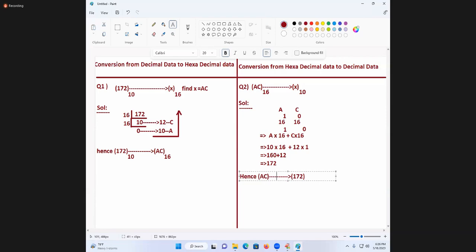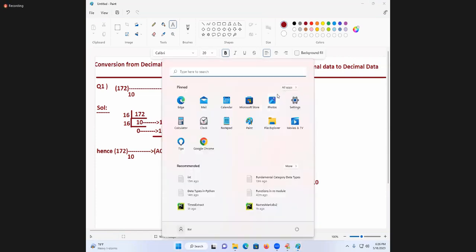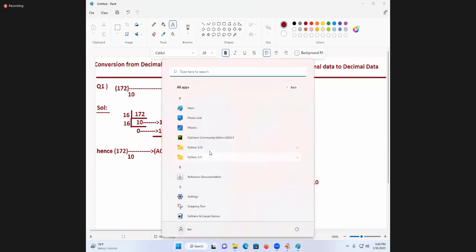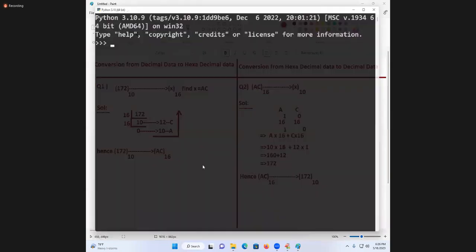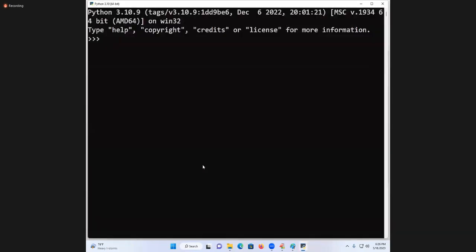So, online students, carefully listen now. Go to the practical now. Go to the Python environment and try to understand. Python 3.10 or 3.11, whatever you like, you take it.